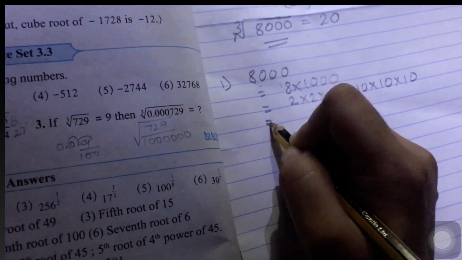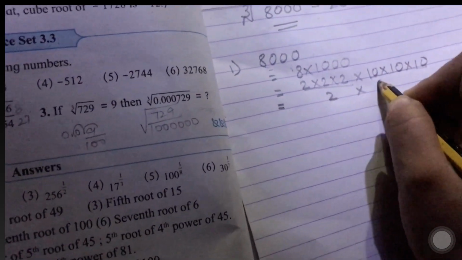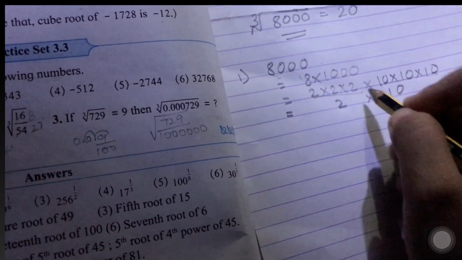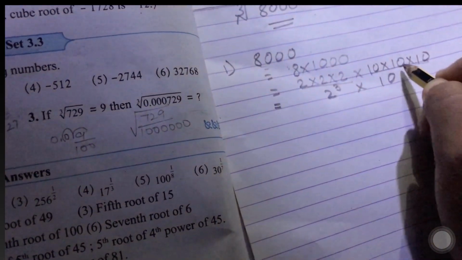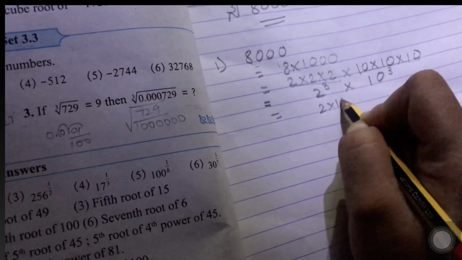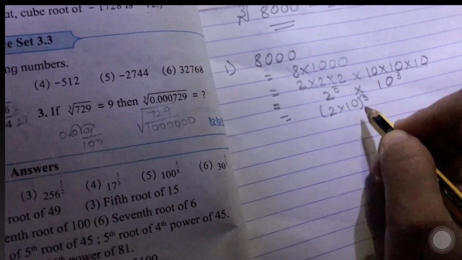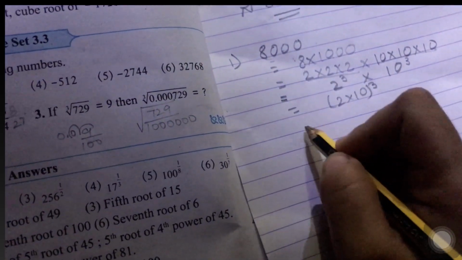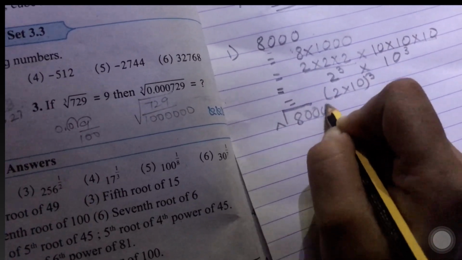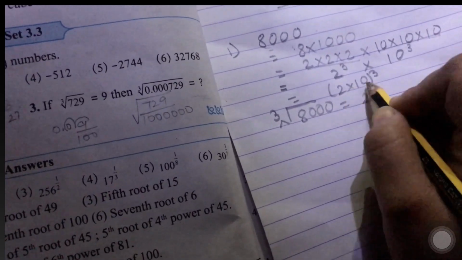Okay, we got 3 common. So 2 into 10. That is 2 cubed and 10 cubed is equal to 2 into 10 whole cubed, that is 3. So the answer is the cube root of 8000 is equal to 20. 2 tens are 20.